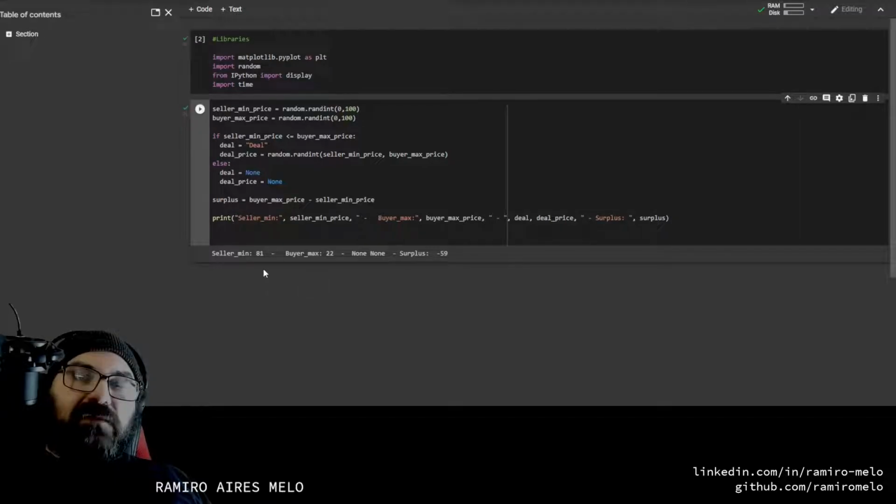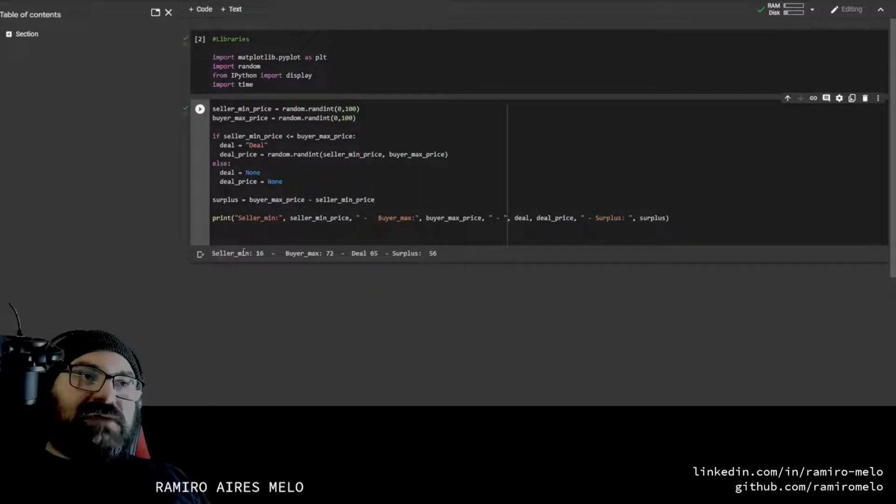Okay, what do we have here? We have one example of this simulation. The seller minimum price is 81. The buyer's maximum price that he's willing to pay is 22. And of course, we don't have a deal. The surplus is negative. Let's try again. Same thing. The minimum price that the seller is asking is much higher than the price that the buyer is willing to pay, so we don't have a deal.